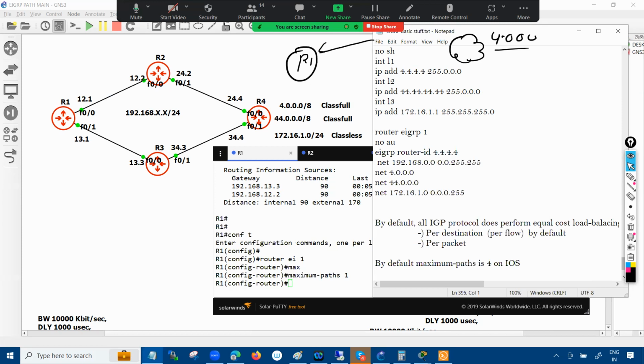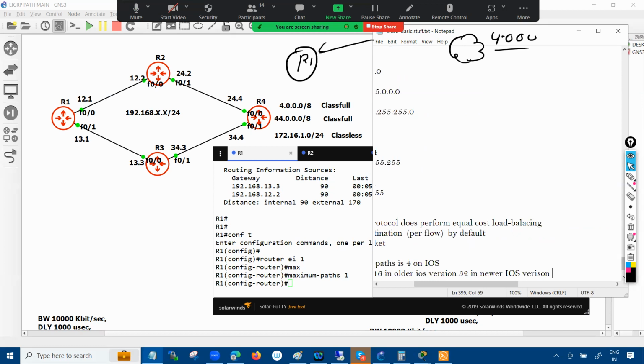It's only on IOS. You can change it up to 16 in older IOS versions and 32 in newer IOS versions. Again, we are talking about the IOS perspective. XR has different values, XE has a different one, Nexus is a different one.